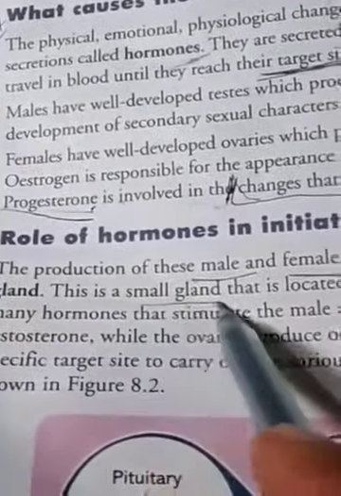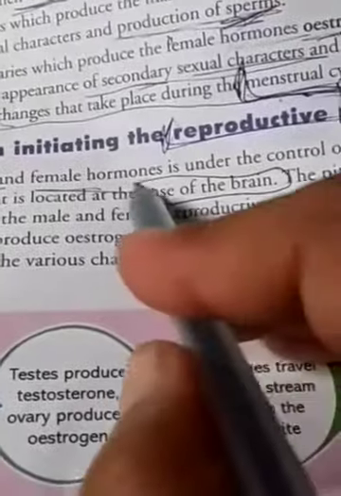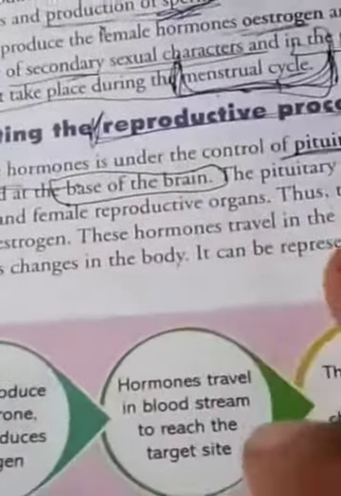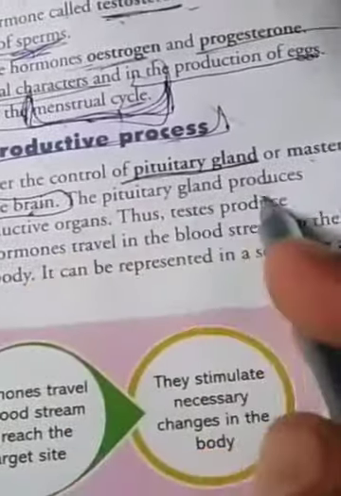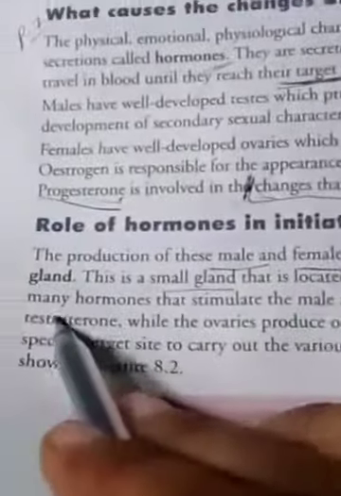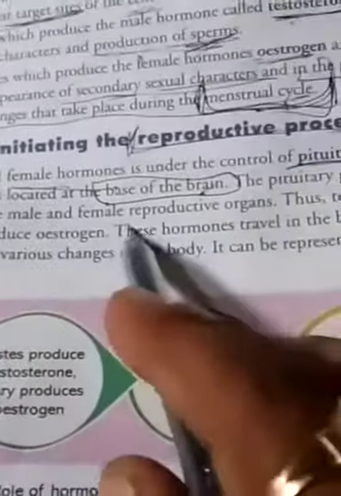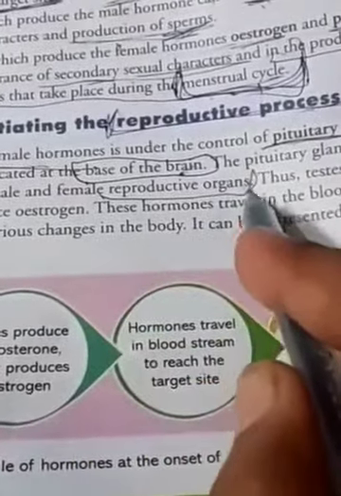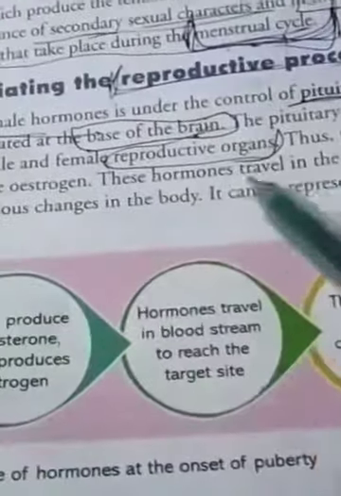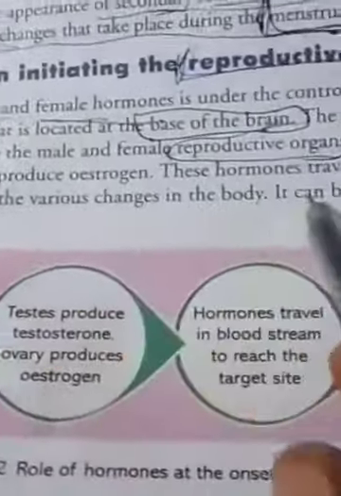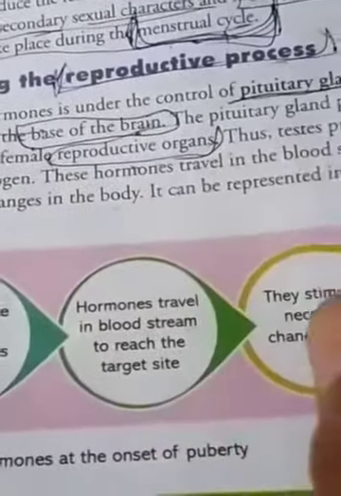This is a small gland located at the base, or lower part, of the brain. The pituitary gland releases many hormones that stimulate the male and female reproductive organs and help their growth.